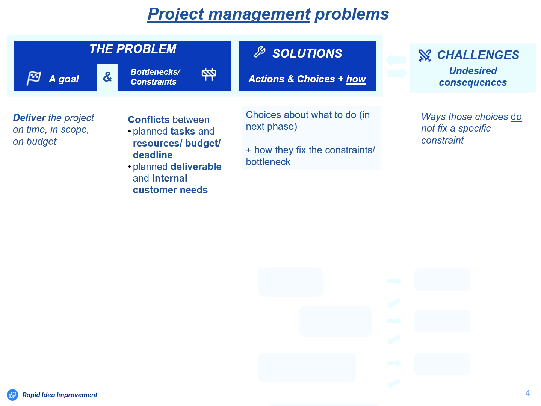So this is the process again that goes back and forth, that will evolve your solutions, grow them, and make them ever better solutions to the problem of your project, which is in the end to deliver on time, in scope and budget. But the way you eventually succeed in doing that is by iteratively going over bottlenecks, constraints, choices to fix them, and challenges of those choices.